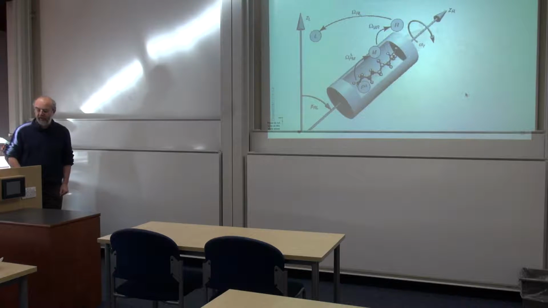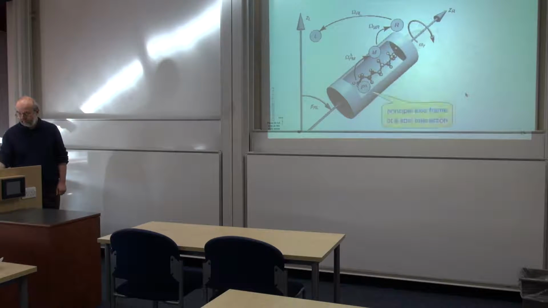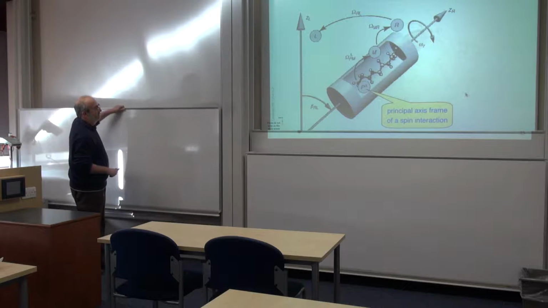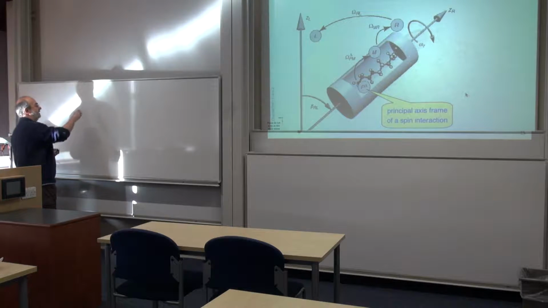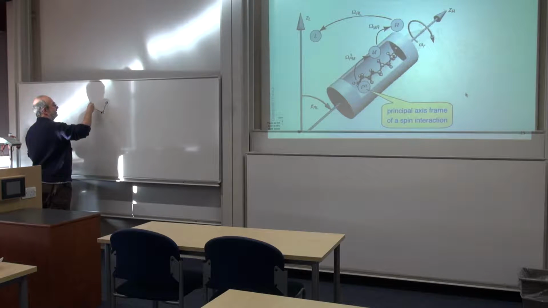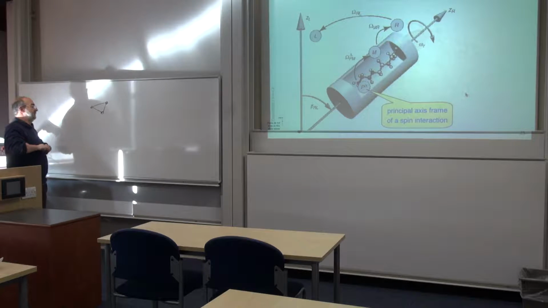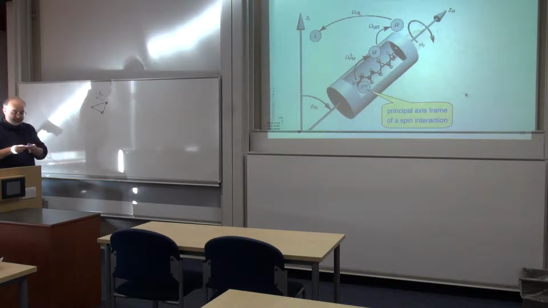So what are these angles if we're looking at magic angle spinning NMR? We have the principal axis frame of spin interaction. So suppose we have some molecular structure, and the coordinates are written in some reference frame M, and that will then be the same for all the different spin interactions.